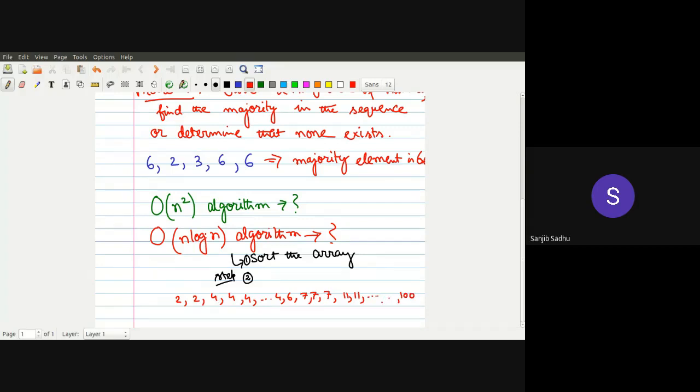Now you find out where each element occurs.